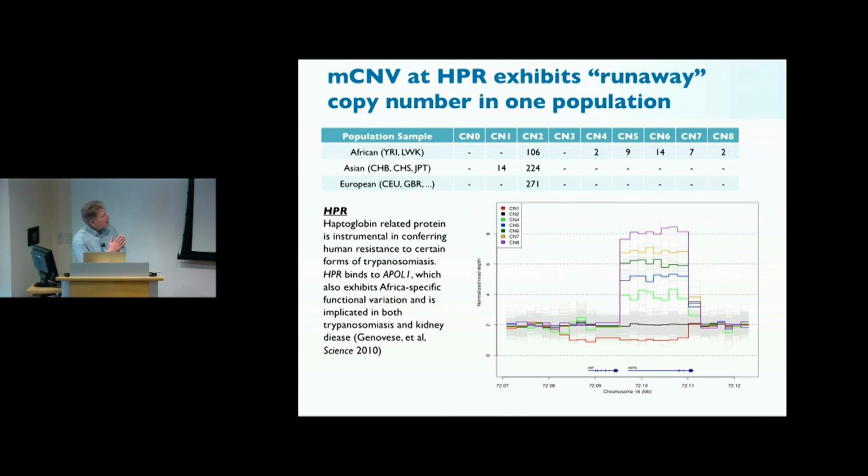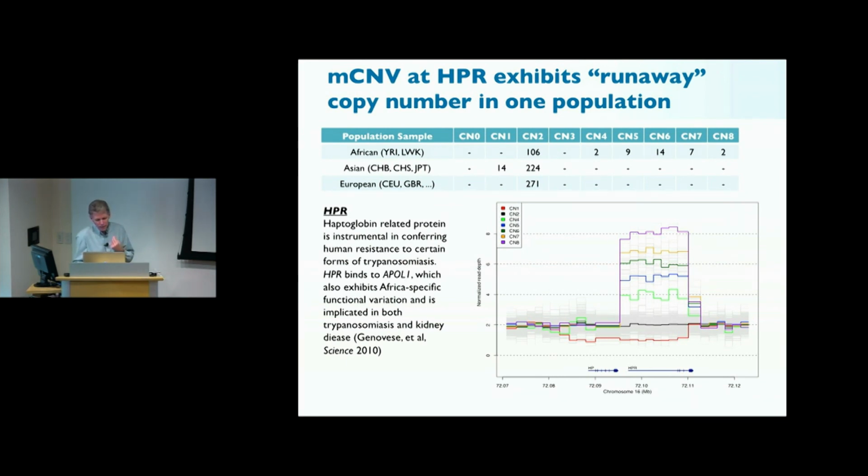But one of the interesting things about this copy number variant is that there are multiple duplication alleles, and it's what we call a runaway copy number variant. So a certain fraction of the population is copy number 2, but when you have more copies, it tends not to be 3 or 4, you tend to have 6 or 7 copies.